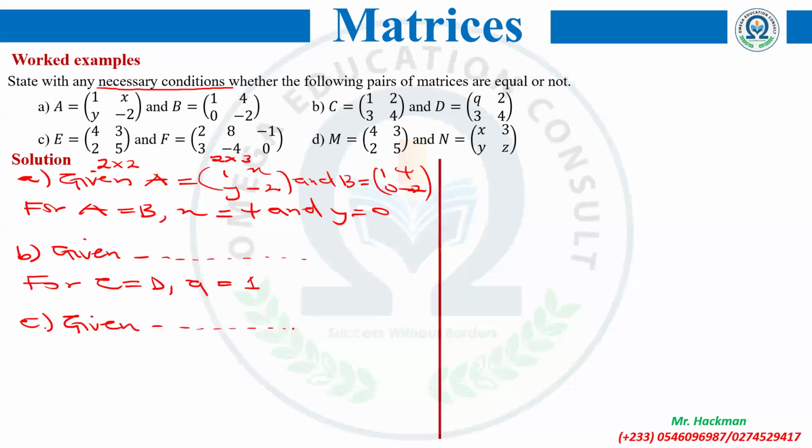I will say that E is not equal to matrix F. And here, if you want to attach your reason, you attach. Since they don't have the same order.